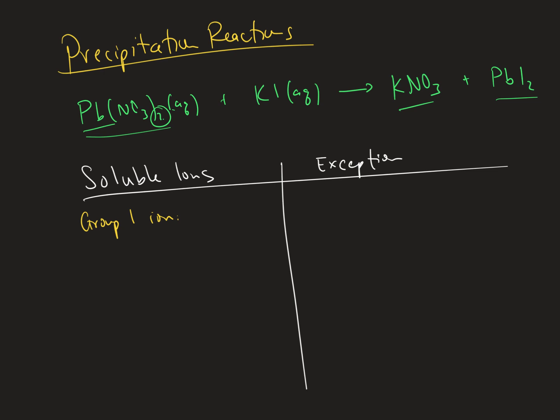So if it's an alkali metal ion, that includes hydrogen, H+, Li+, Na+, etc. These guys are always soluble, no matter what they're with, without exceptions. That's cool. So if an ionic compound has a group 1 element in it, it is soluble. Okay?